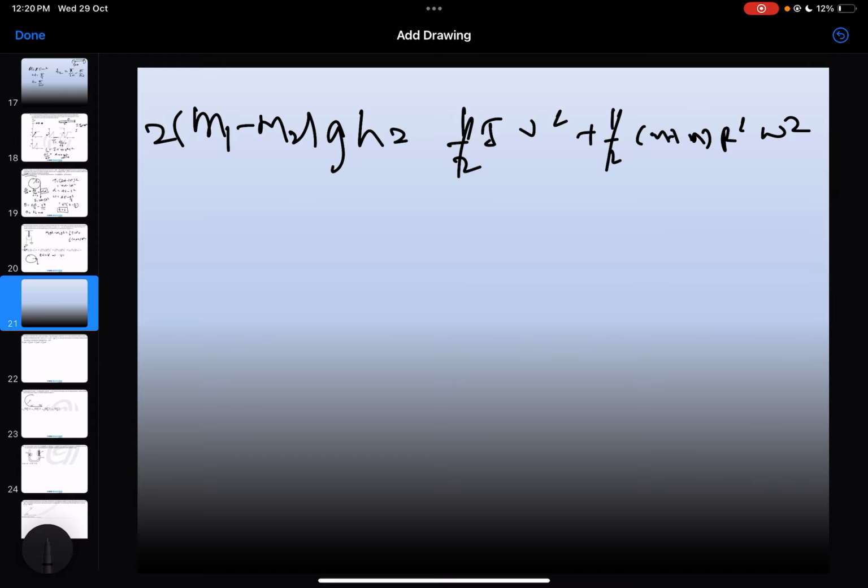You can cancel the half. You can take omega square common. When you take omega square common, you'll be left with I plus m1 plus m2 r square.